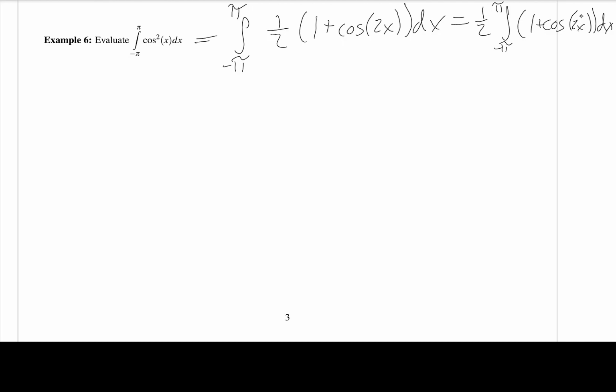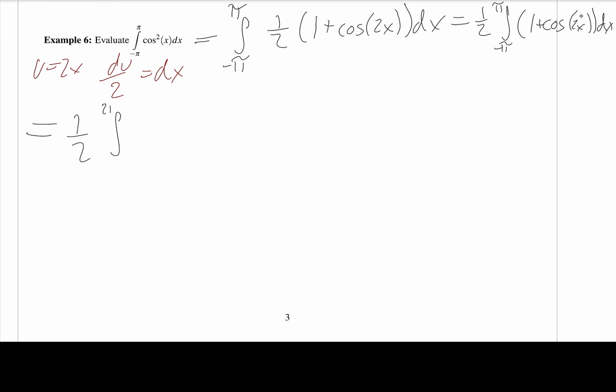And now I'm going to use u substitution with u equals 2x. So we'll get du over 2 equals dx. So we get 1/2 times the integral. Now I need to multiply my upper and lower limits by 2 because of this right here.